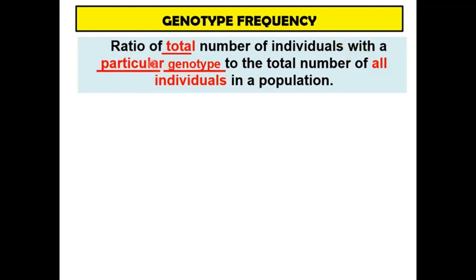Before this, we focused on the particular allele. We have three types of genotype: homozygous dominant, homozygous recessive, and heterozygous.